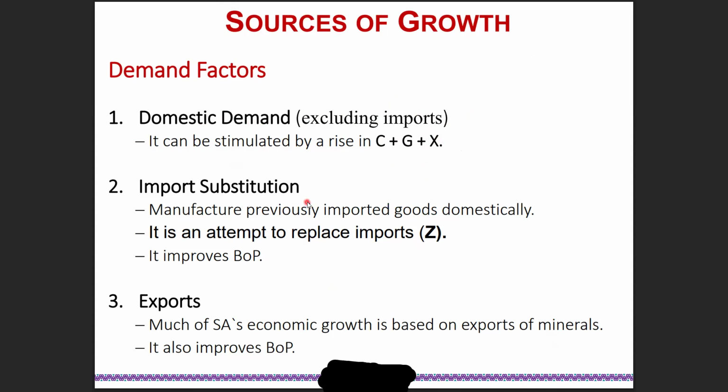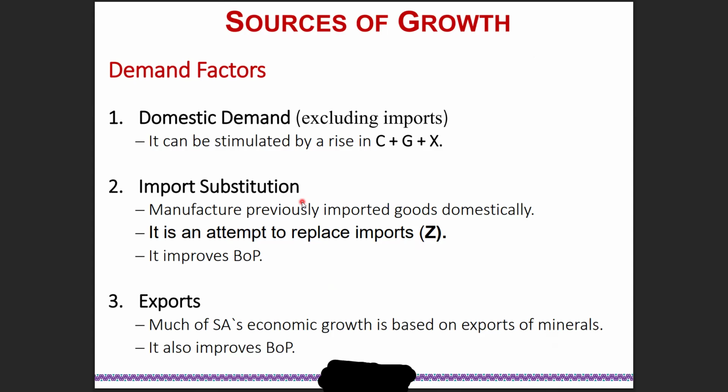And then import substitution is basically where the government will provide incentive to producers to say, please let us produce the items that people are buying from outside, right? Let us produce these items that were previously imported so that you guys do not have to buy items from Shein and Temu.